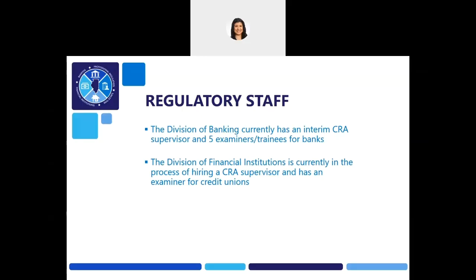We are in the process of hiring a CRA examiner on the mortgage side, and then the Division of Financial Institutions that is responsible for the credit unions is in the process of hiring a CRA supervisor and has 1 examiner for credit union exams.